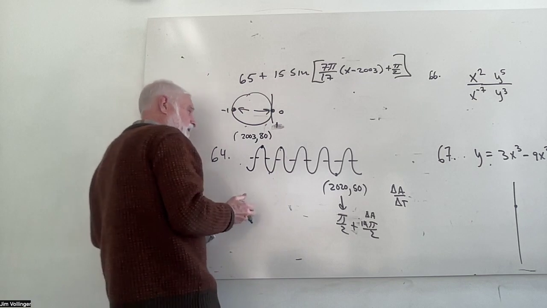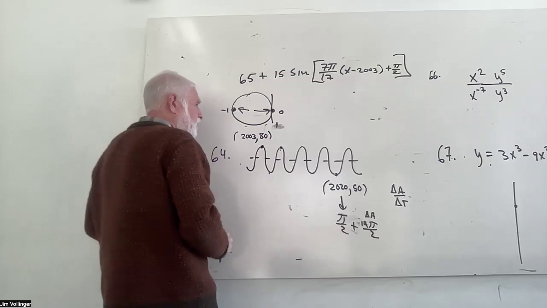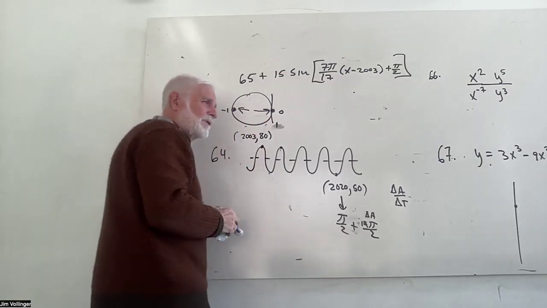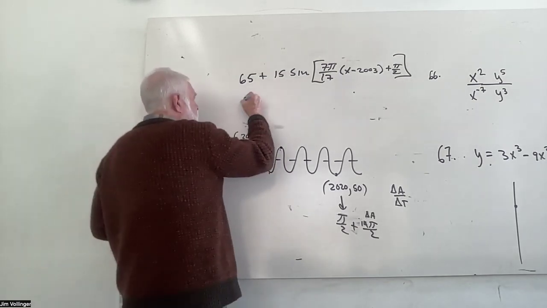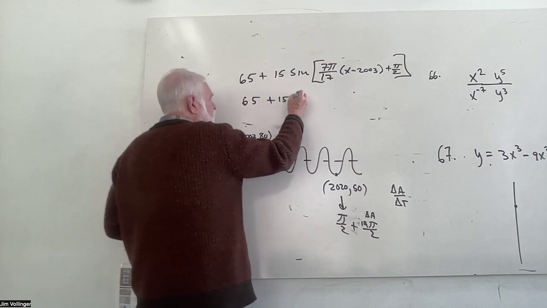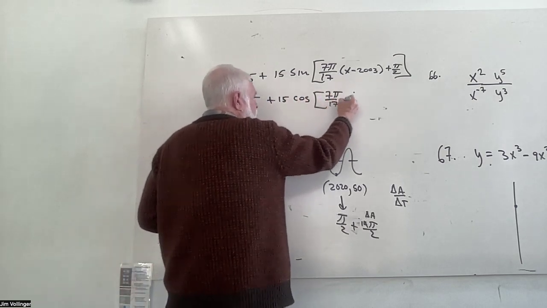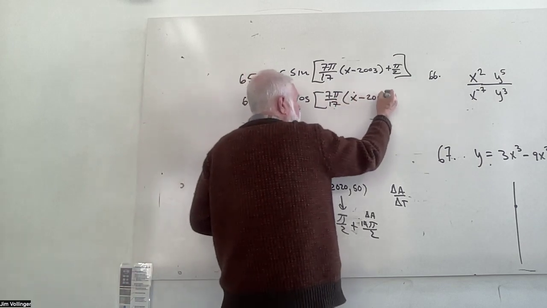And this is what's usually done in a textbook because it's less writing. But I think it's easier to think about maxes vertically than horizontally. I think there's a big difference there. And so it really becomes 65 plus 15 cosine 7 pi over 17. But I don't need to match it to pi over 2. I need to match it to 0.